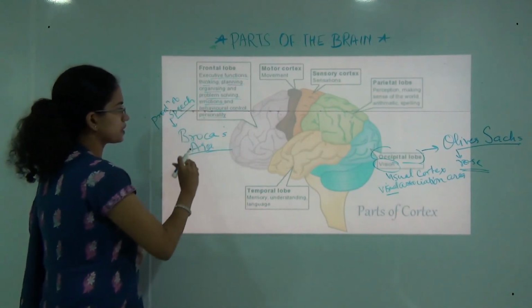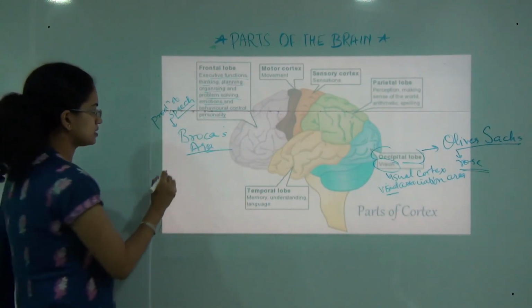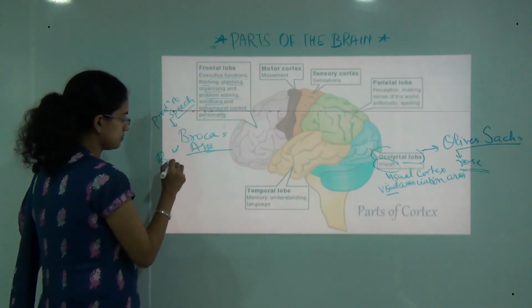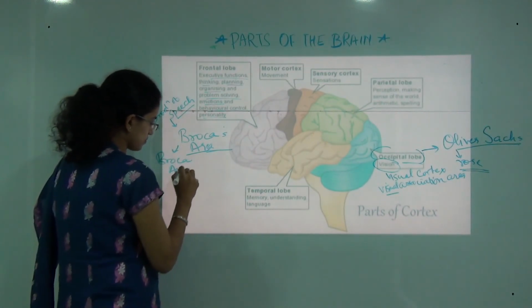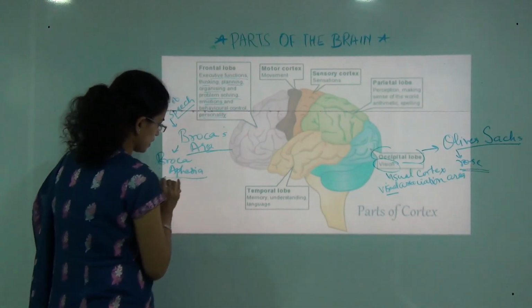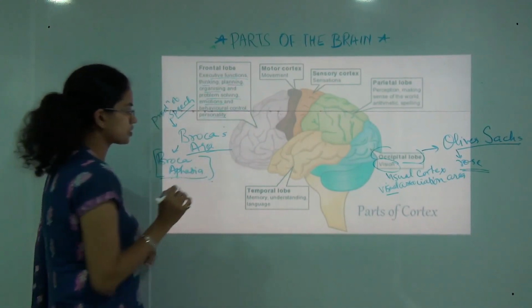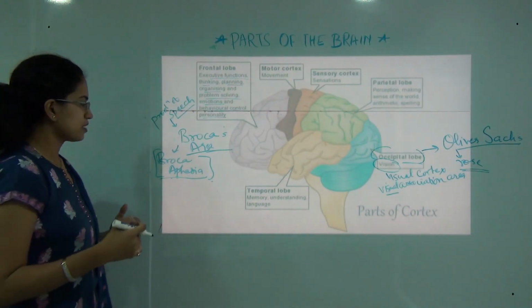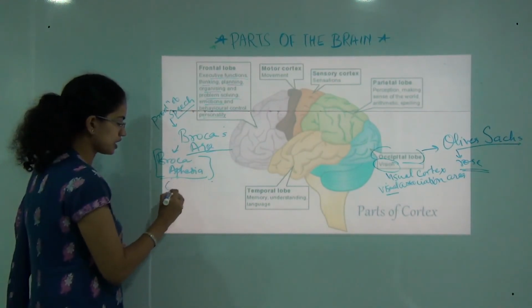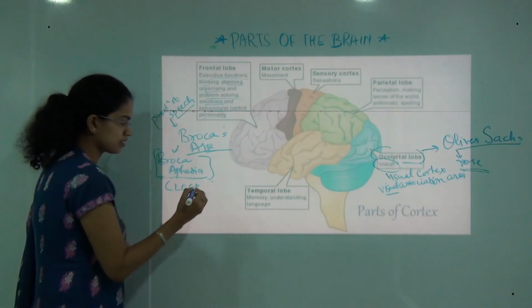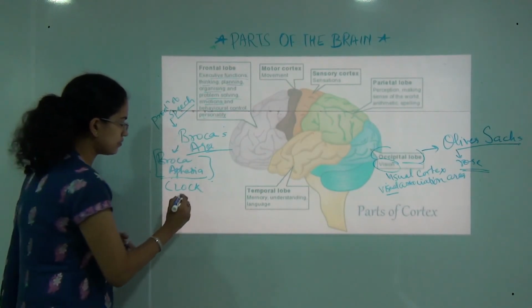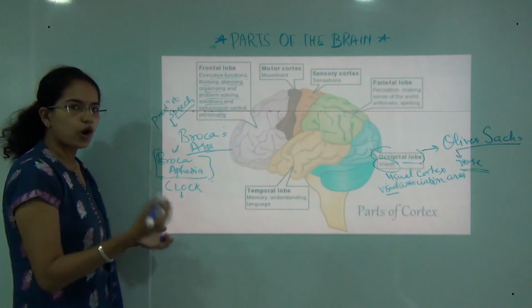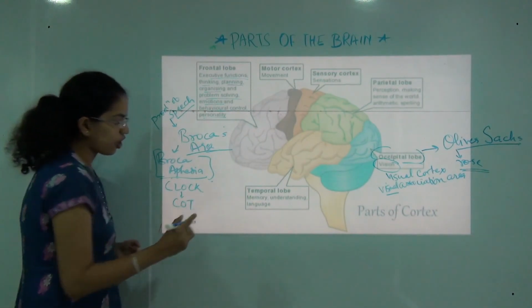Damage to Broca's area would lead to a disorder known as Broca aphasia. The person would not be able to pronounce or produce the words correctly. For example, if the person wants to say the word clock, rather than saying clock, the person would say cot or some other thing.